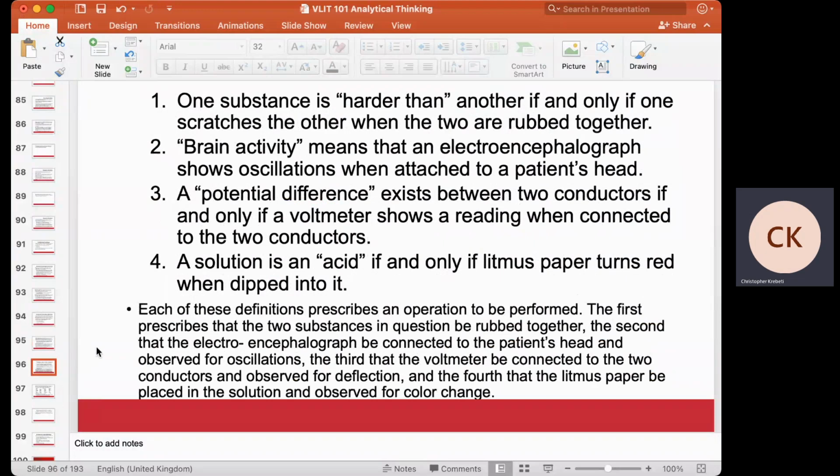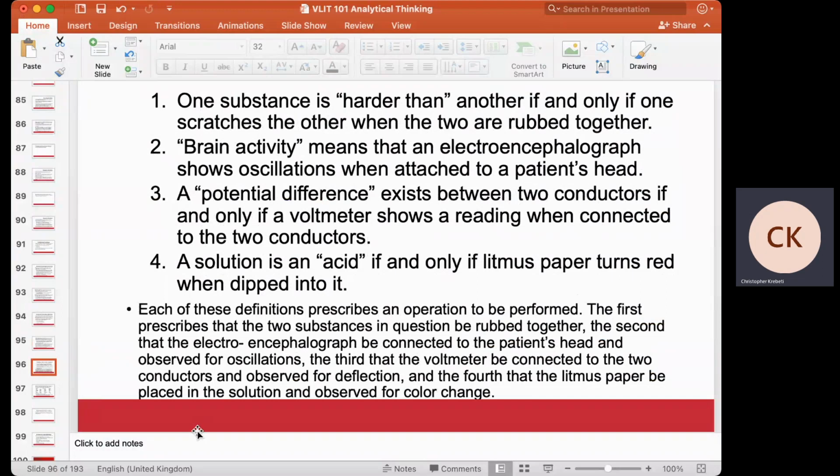All right, so you see that each of these definitions prescribed an operation to be performed. The first prescribes that the two substances in question be rubbed together. Then we shall know. The second, that the electroencephalograph be connected to the patient's head and observe for oscillations.